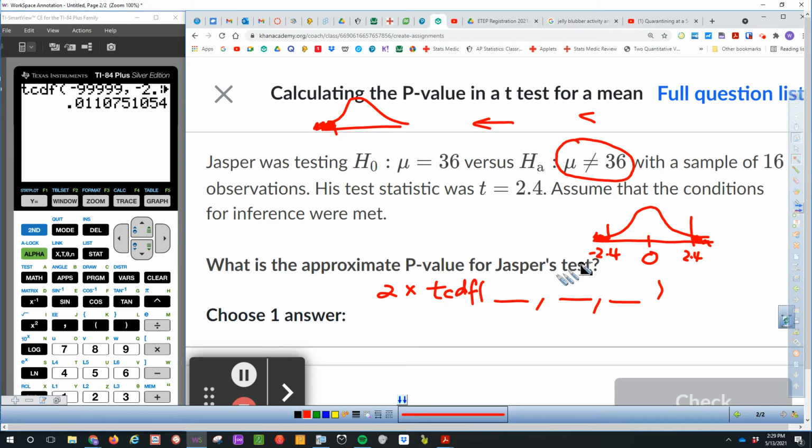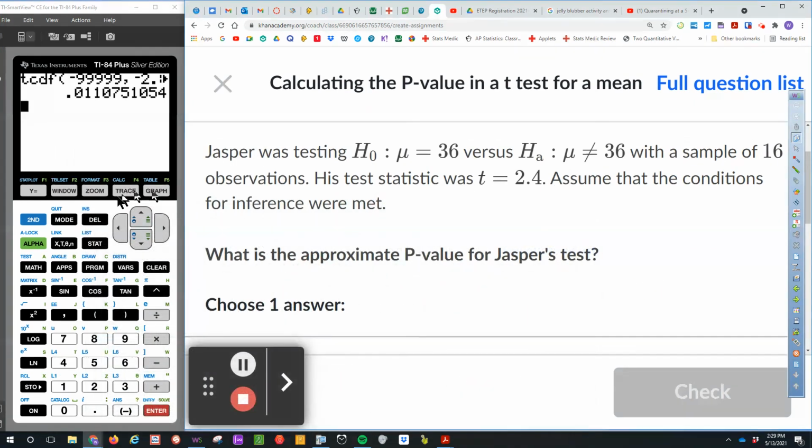So for tcdf, let's find this one and then multiply by 2. The lower bound is negative 99999 and the upper bound is negative 2.4. Degrees of freedom is 16 minus 1, which is 15.